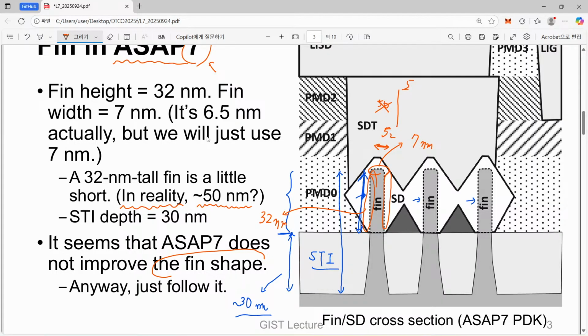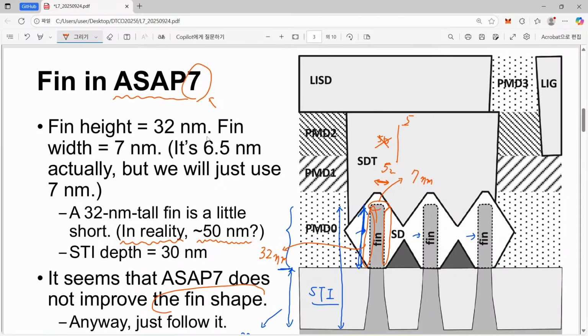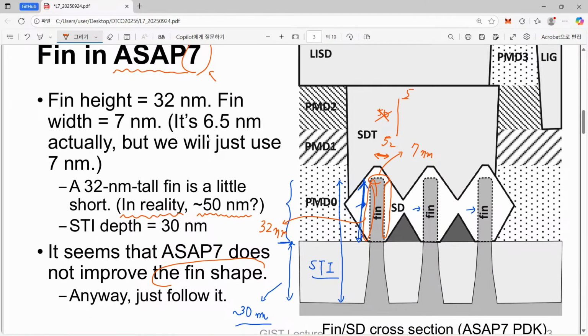So please note that in this ASAP assumption, we have a relatively old fin technology. Our fin is not tall enough and not narrow enough compared with the real technology, but let's just live with it because ASAP 7 gives us a lot of information which is not available to us if we take other references.